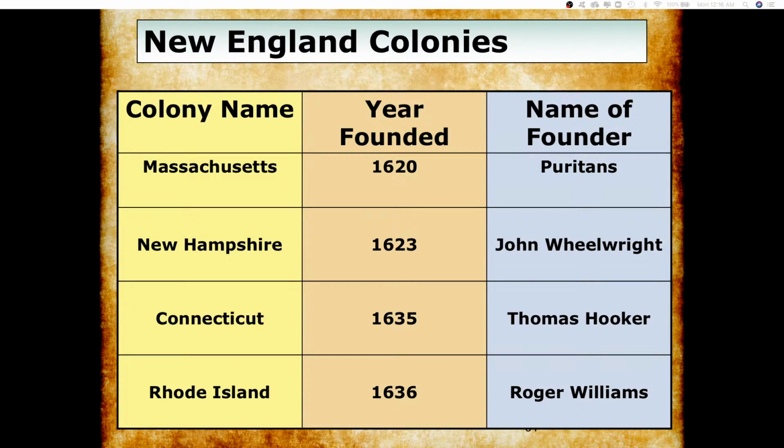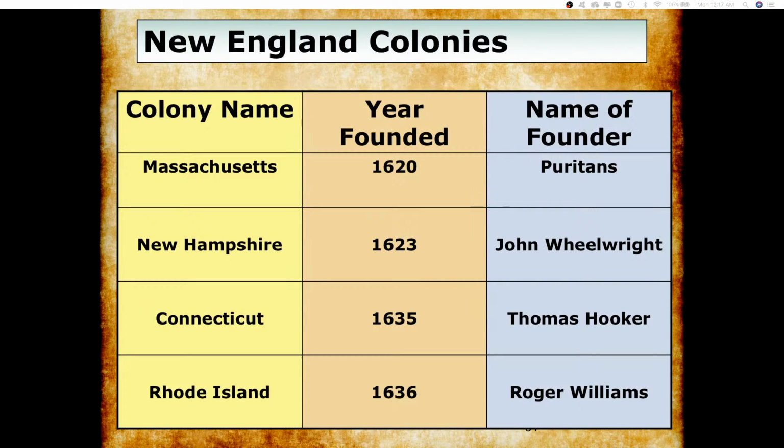With this agrarian society in which everybody's doing agriculture, there's going to be less of an emphasis on an urban setting, so there are going to be fewer towns in the southern colonies and more of a rural setting.